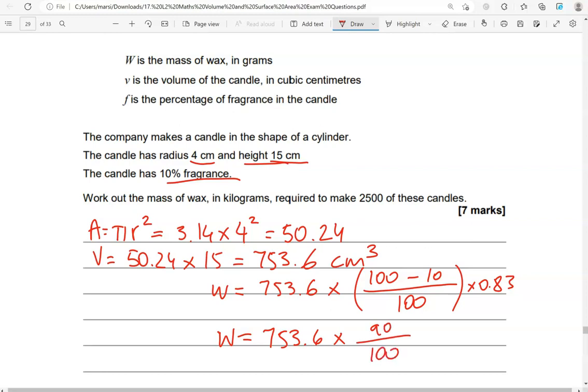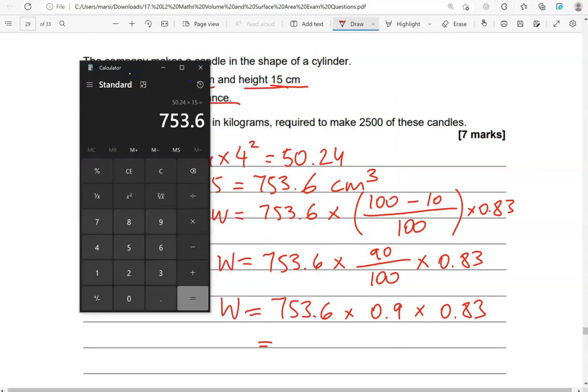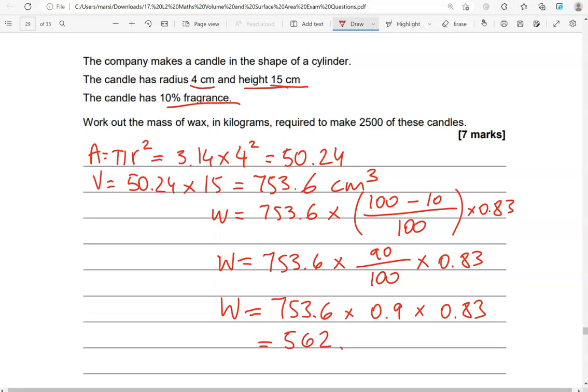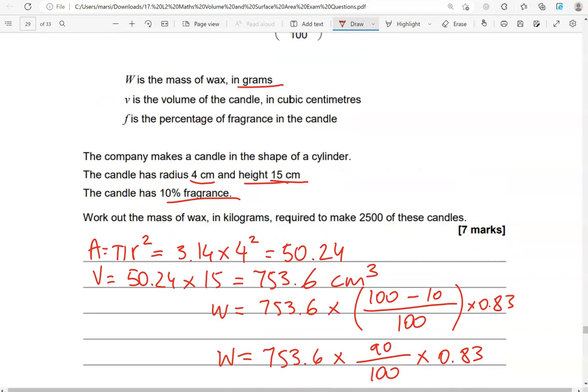So 90 divided by 100 times 0.83. Divided by 100, that is 0.9. So using a calculator, now we'll do 753.6 times 0.9 times 0.83, which is 562.9392. That is the mass of wax in grams.